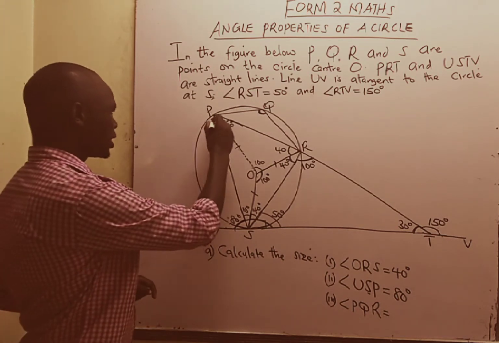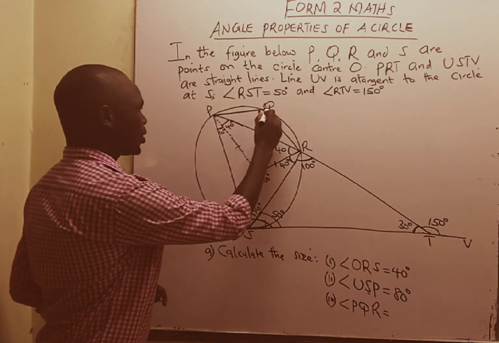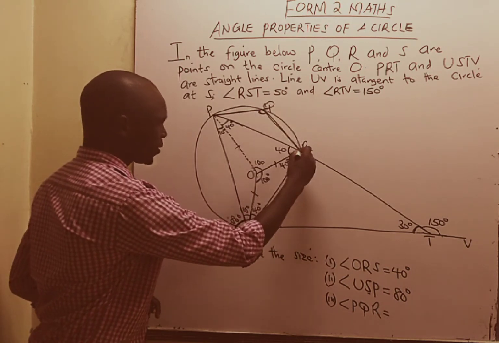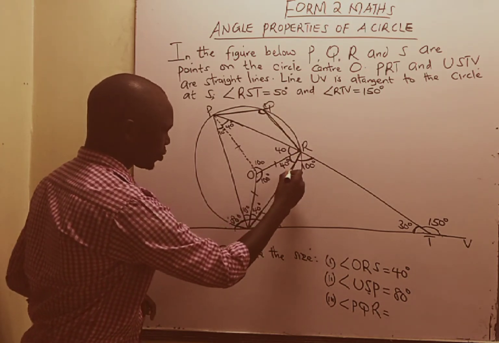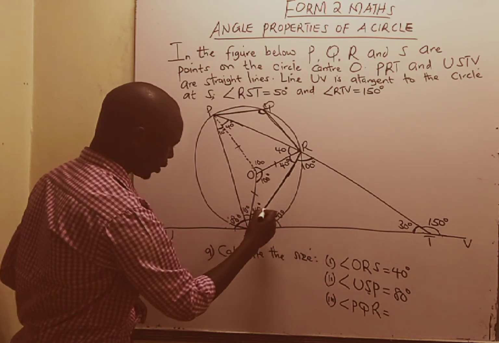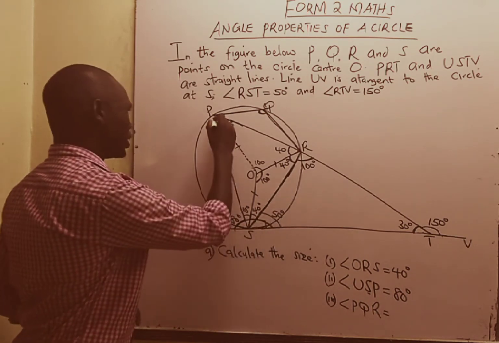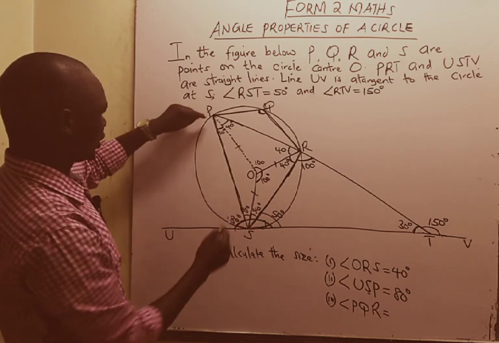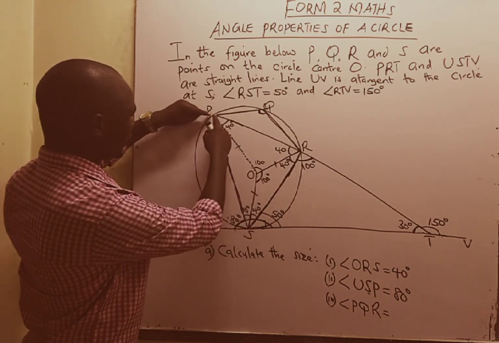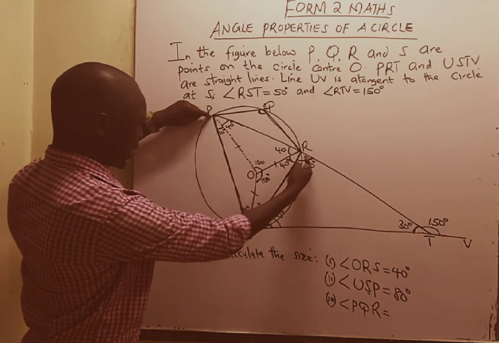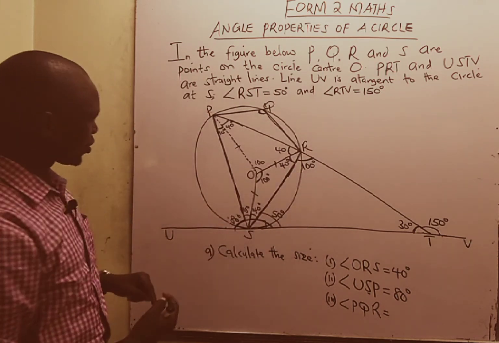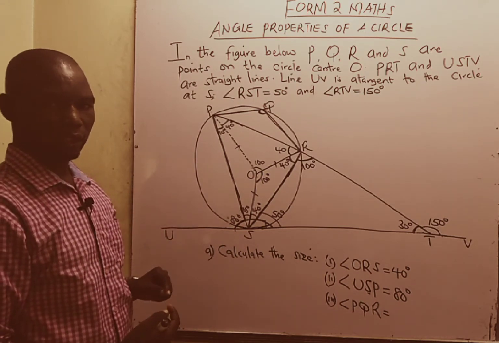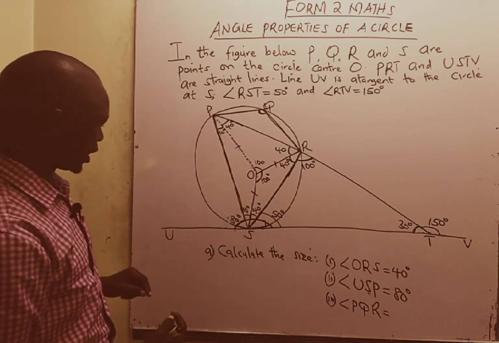If you look at PQ, then we come to R, then to S, and then back to P, this is a cyclic quadrilateral because it is touching the circle at 4 points, P, Q, R, and S. And we know that the opposite angles of a cyclic quadrilateral add up to 180 degrees.